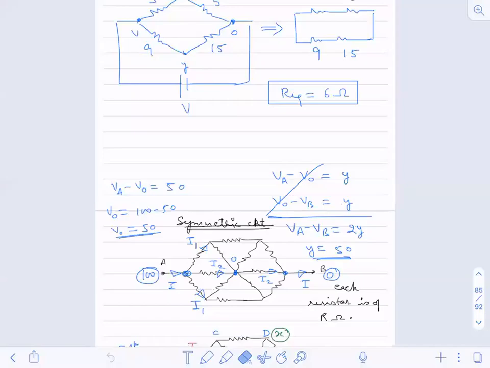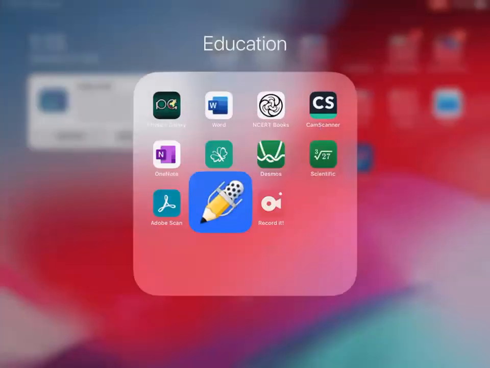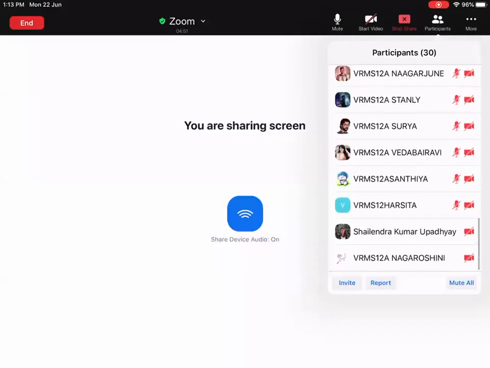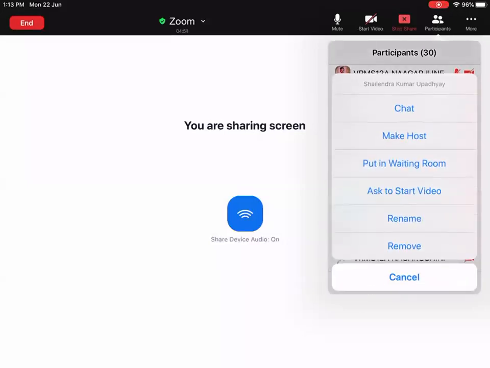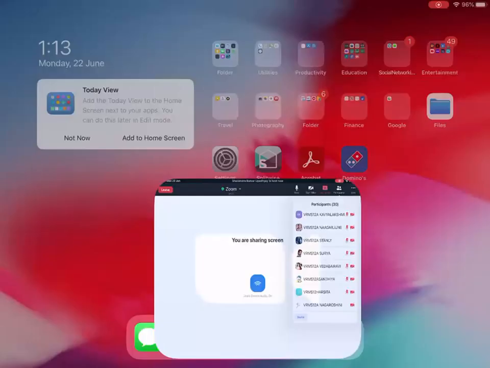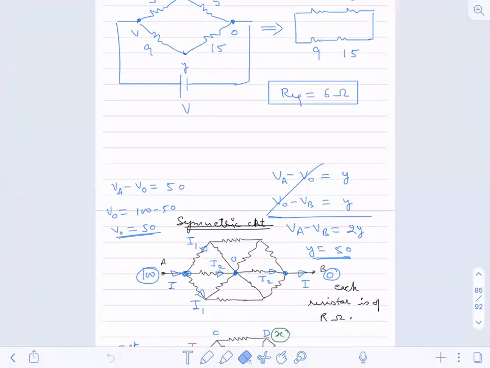Symmetric circuit in the last class. And we had done this sum.